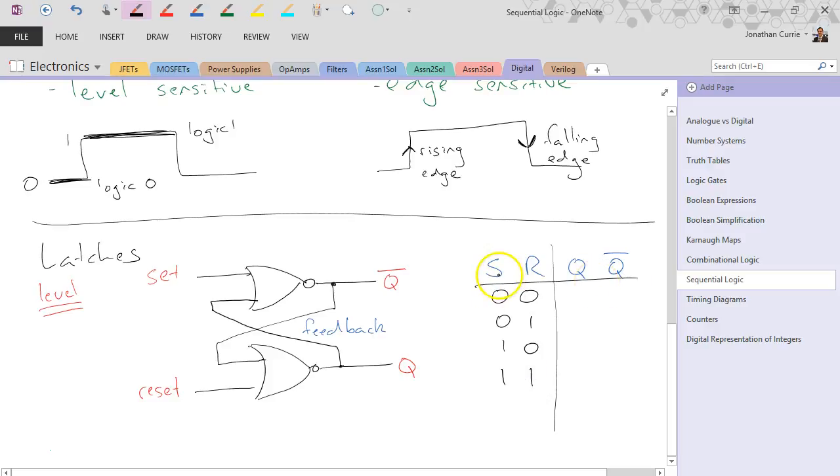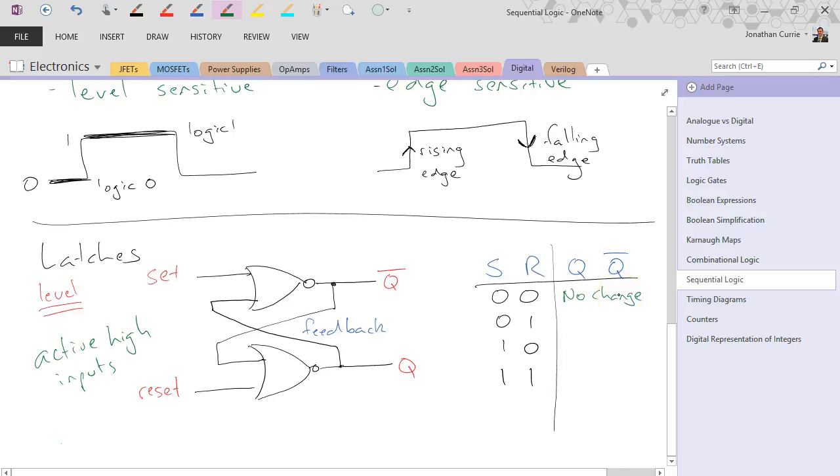Now noting that these are active high, and that's always the default assumption unless you see a bar on it. In this case we get a no change. So both are not active, neither of them are high in this particular row, so we get no change.